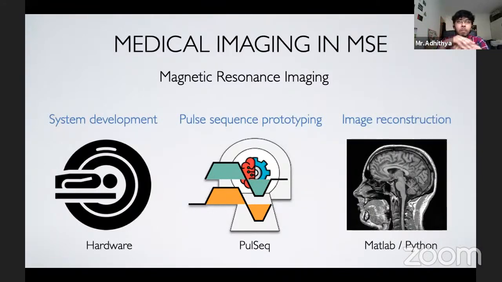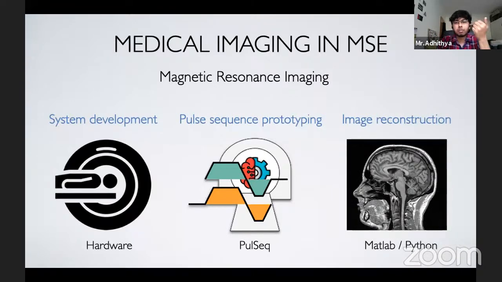So for example, water and fat have different T1 and T2. If we are able to develop pulse sequences that differentiate water and fat, then you could easily see if there is water where there is not supposed to be water inside any organ, for example lungs or any organ which you're imaging.